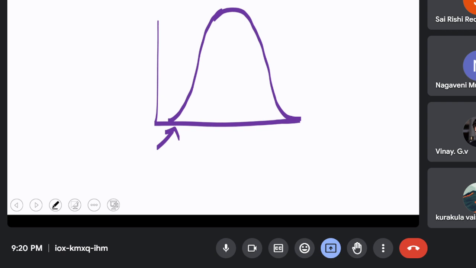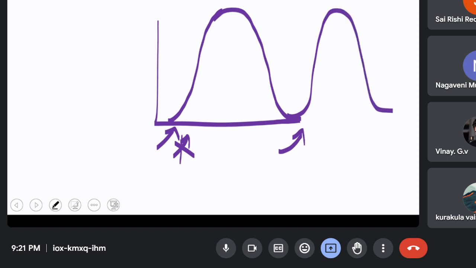So if it is a muscle or nerve, what is happening? Energy is consumed. So when you give a second stimulus again, it will not respond at all. If you give a second stimulus at this point, it may show another response.